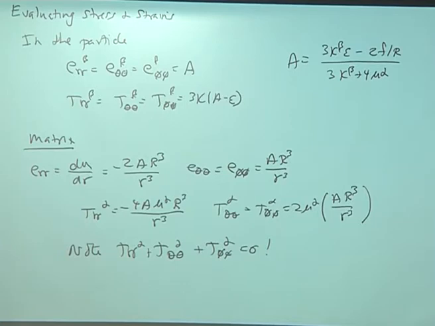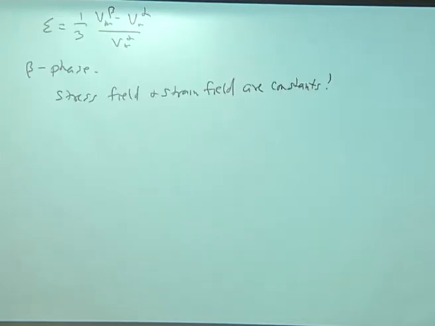If you don't believe me, that's really weird. The stress and strain inside the particle is independent of position. It certainly varies with position outside the particle, going like 1 over r cubed. Inside the particle, it's a constant. And you'll note that TRR beta, T theta theta beta, and T phi phi beta are exactly the same. And so that means that it's pure hydrostatic stress.